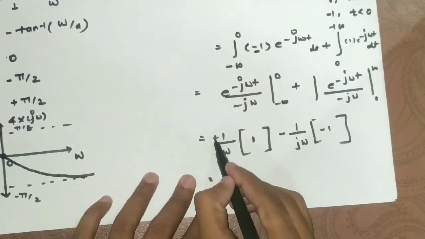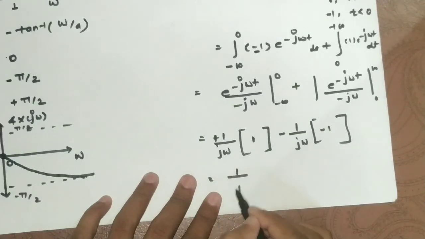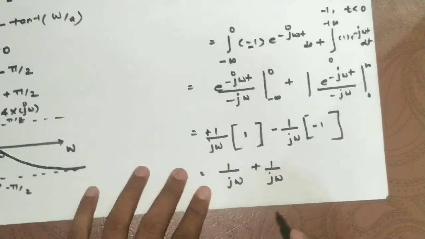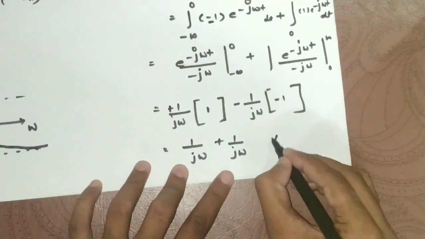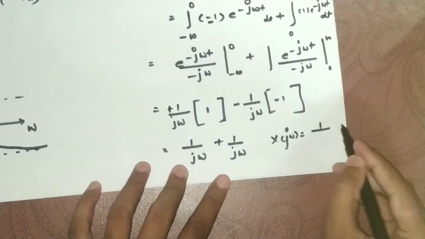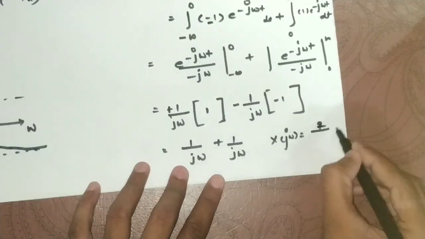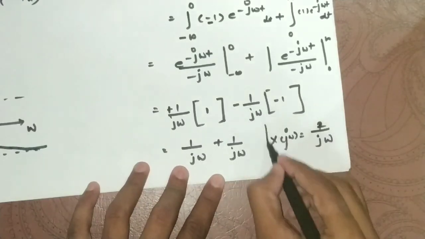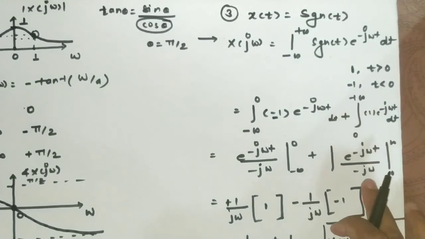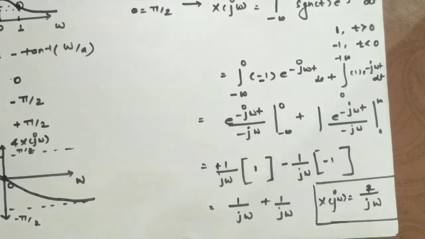So this minus becomes plus. So we'll get this as 1 by j omega, this is plus 1 by j omega. So our answer will be X of j omega is equal to 1 divided by, or we can take j omega as common, so we'll get 2 divided by j omega. So this will be the Fourier transform of this function. I hope you understood the concepts. Thank you.